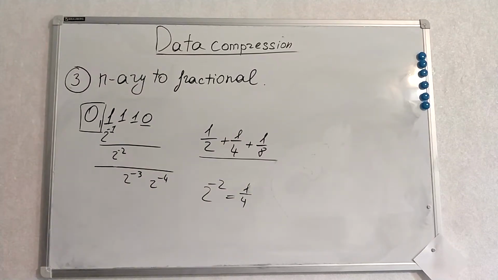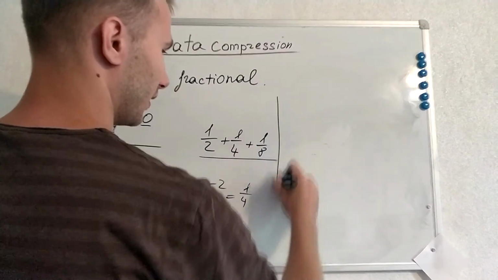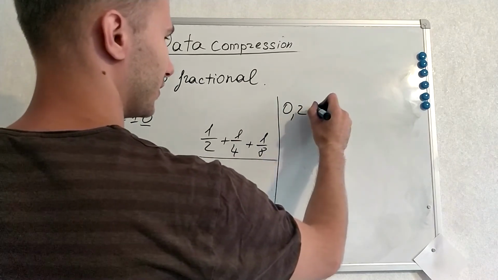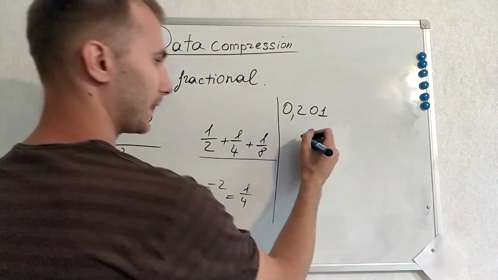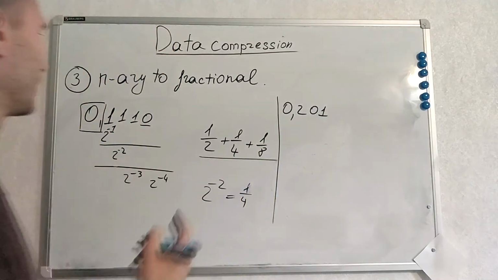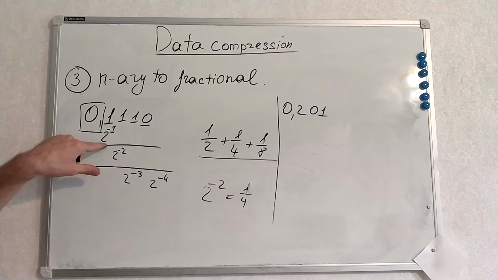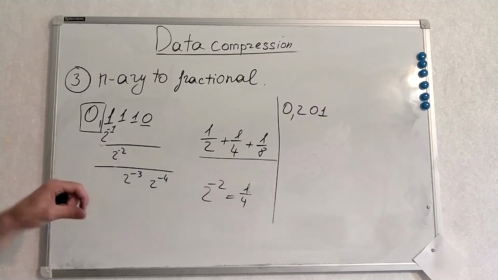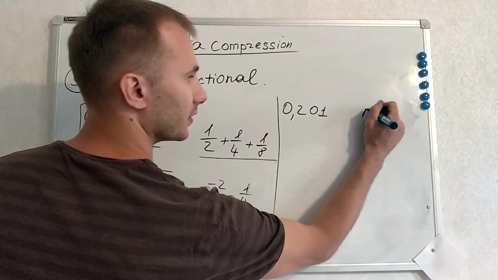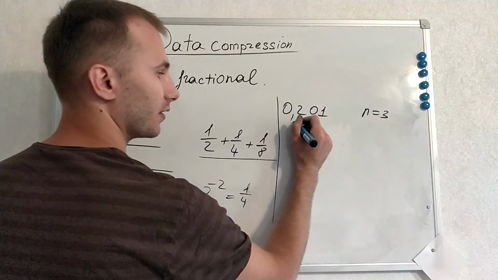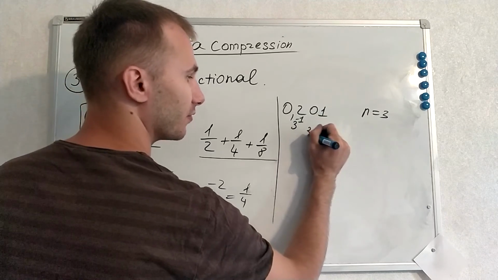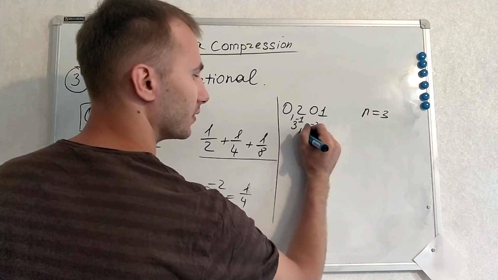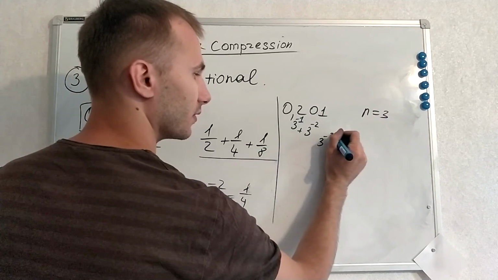And of course it works in absolutely the same manner if we have n bigger than 2. n can be 3, as I said, it will be ternary code, etc. At the end, let's make an example here. We can have such a code. And what we will do, we will use a different number other than 2 and make powers of it. n is 3, right? So it will be 3 to the minus first, 3 to the negative second, 3 to the negative third.